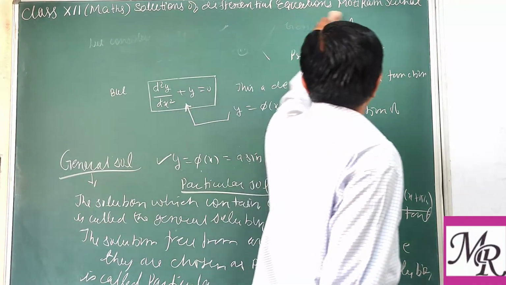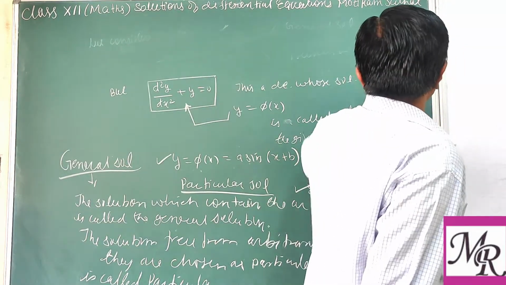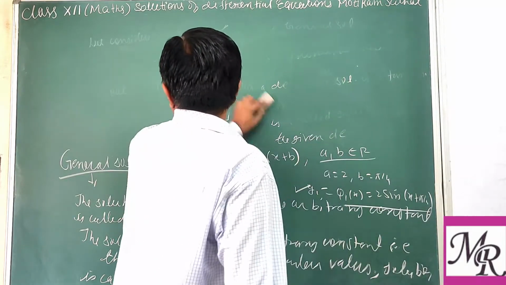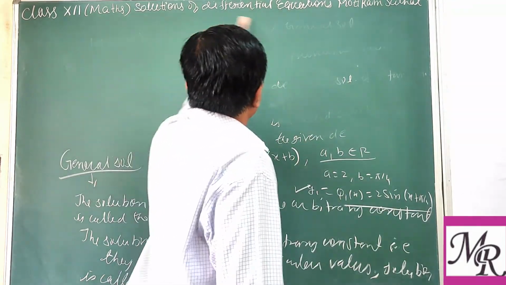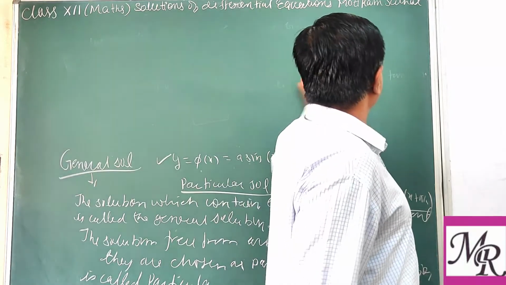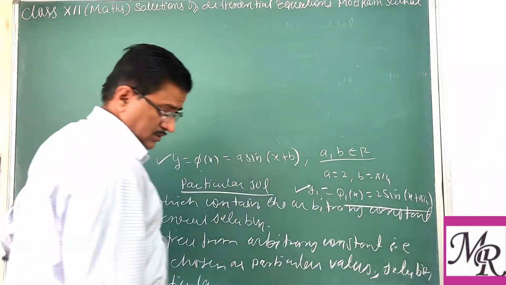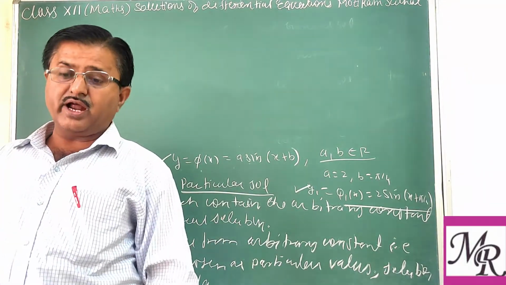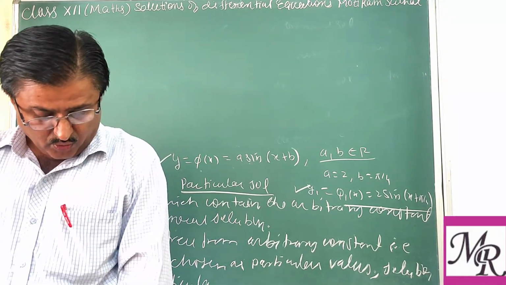Now we see how to define the solution. Before that, we check whether the given curve is a solution of the given equation or not. So you may write an example also.